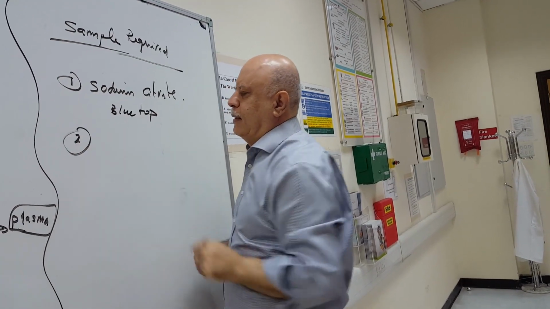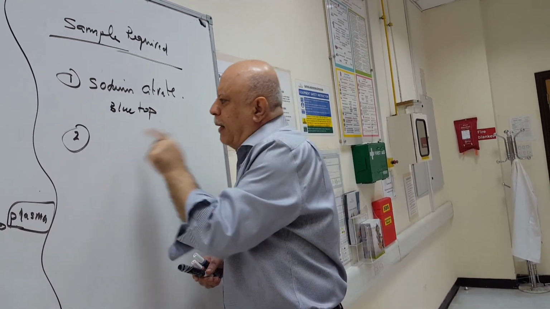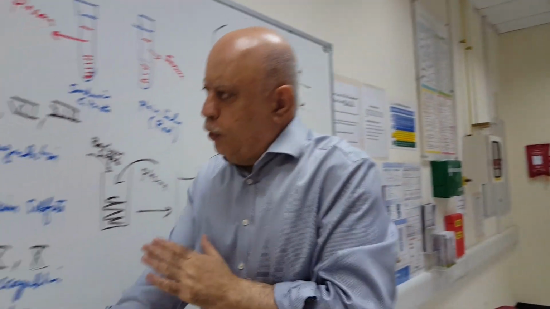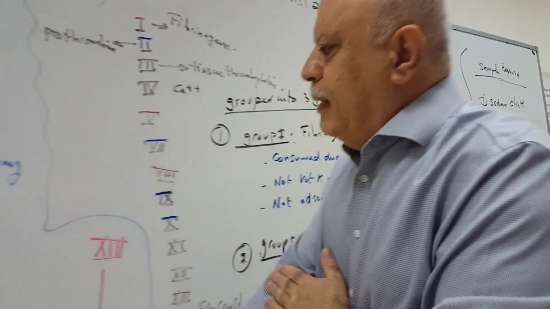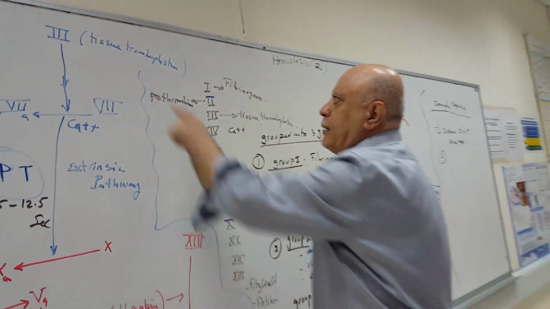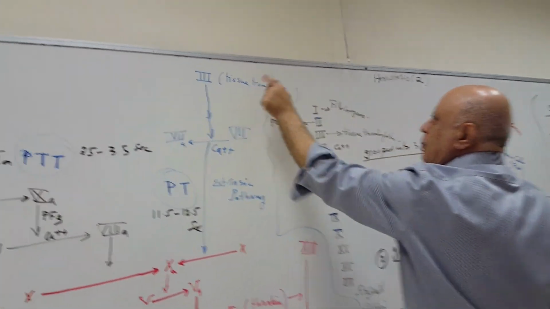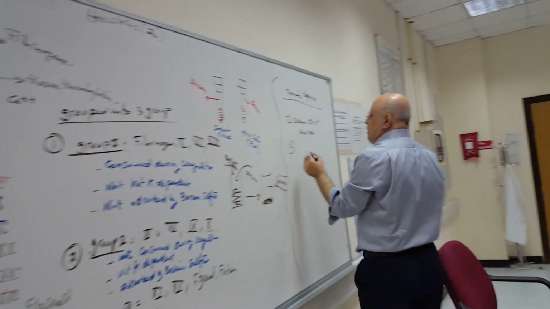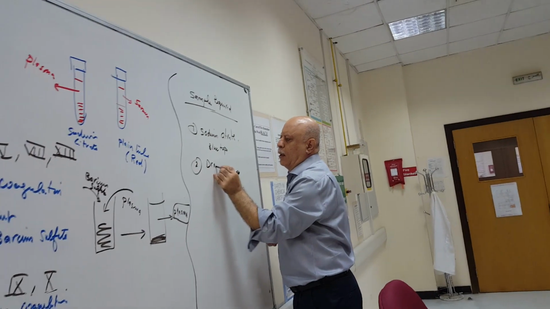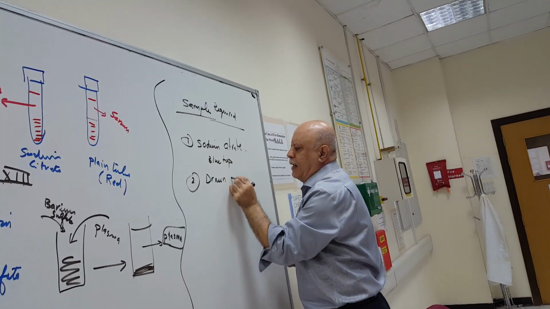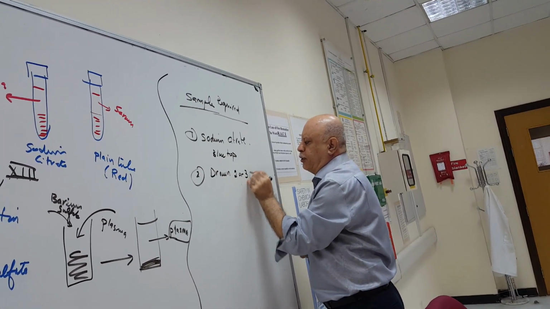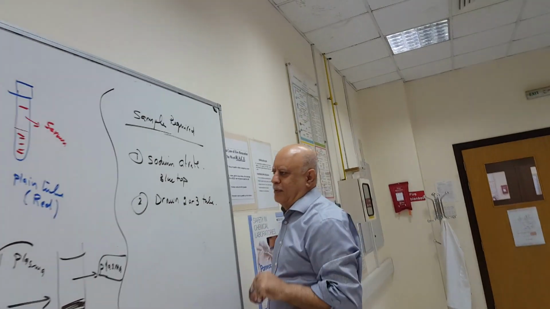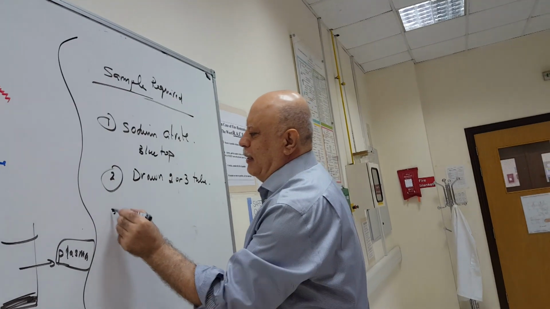Second, in order for the blood, as we said in phlebotomy, remember phlebotomy? When we draw blood, the plasma must not be contaminated with what? Tissue thromboplastin. So it has to be drawn in the second or third tube, not the first tube.